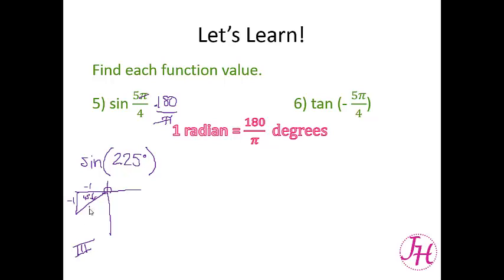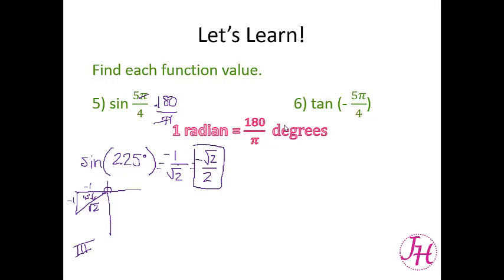And then our hypotenuse was the square root of 2. So our sine value is y, which is negative 1, over the radius r, which is square root of 2. Then we rationalize, and that becomes negative square root of 2 over 2.